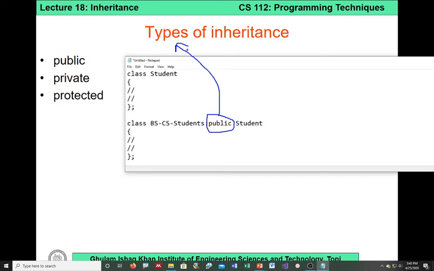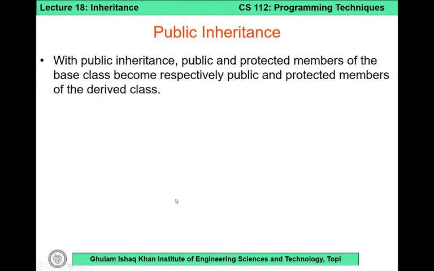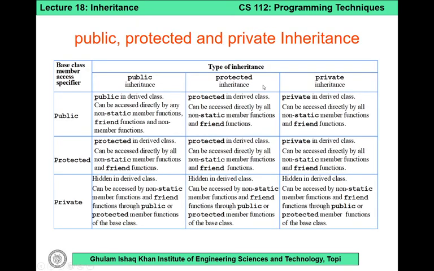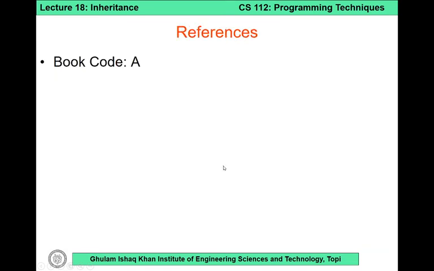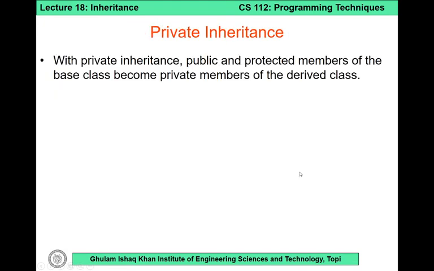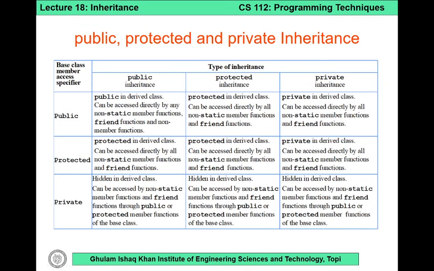I'm skipping the explanation of the actual effects of public, private and protected inheritance for now because it's a bit complicated to explain, but I will explain it shortly in the easiest possible way.